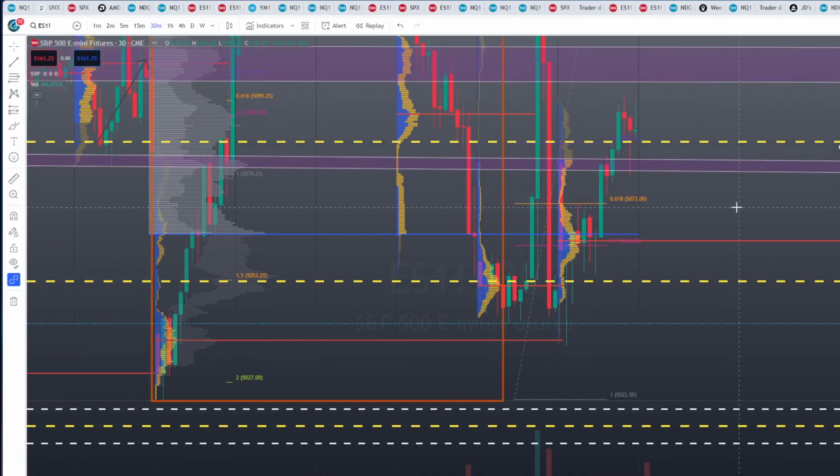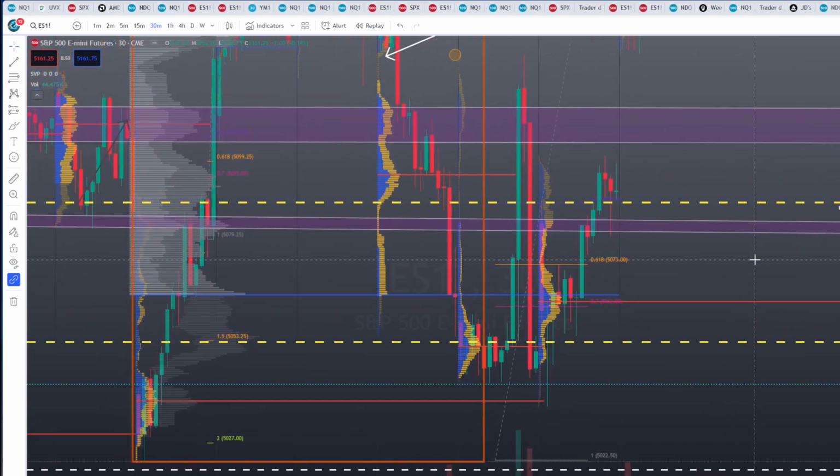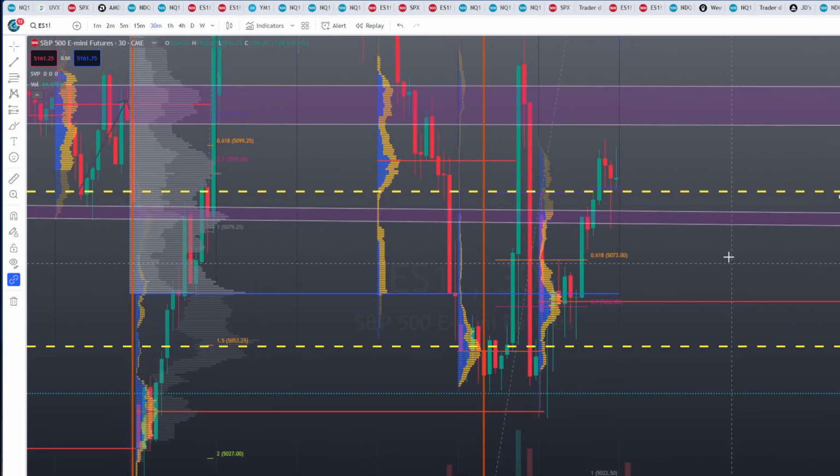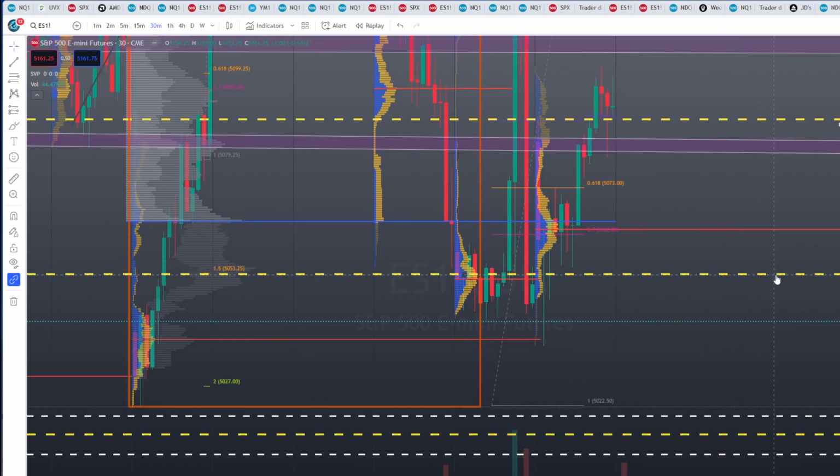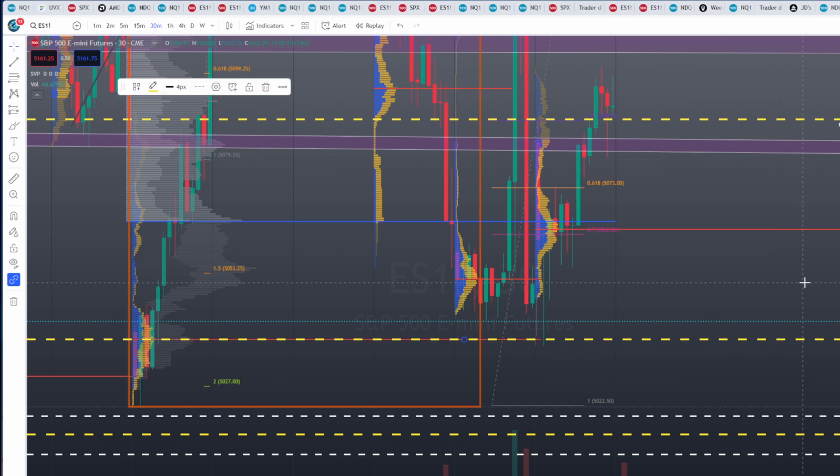So we have a POC right here in this area. We also have the value area low of this balance area here. So that is number two, and what we're going to do is drop our second target to the 37.